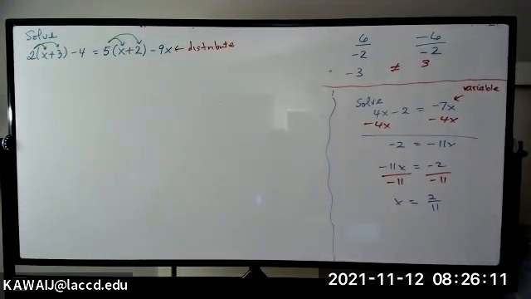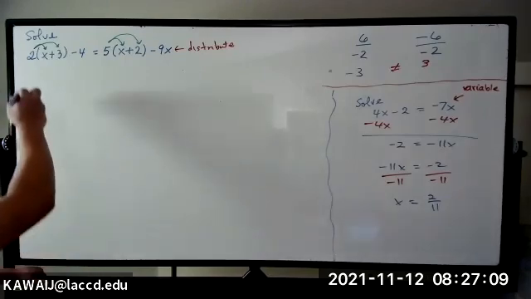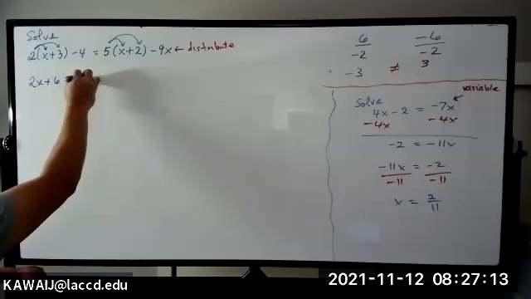Let's distribute that. So I have 2x plus 6, 5x.